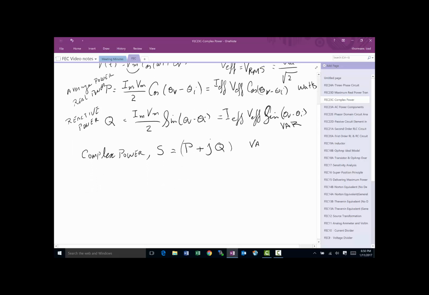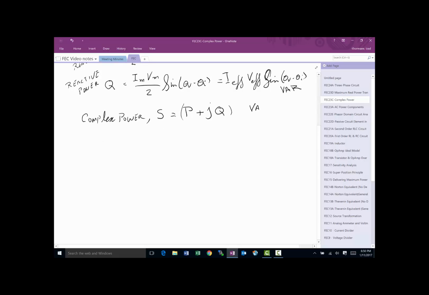Now, just a little bit of a comment, going back and thinking about complex numbers. If you recall, complex numbers are drawn on an axis. Here is the real axis, and here is the imaginary axis.